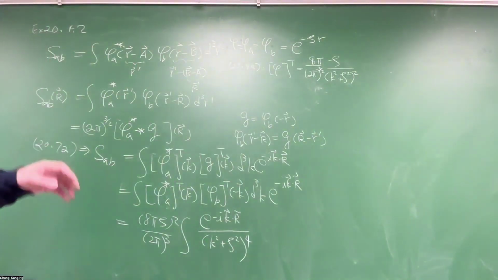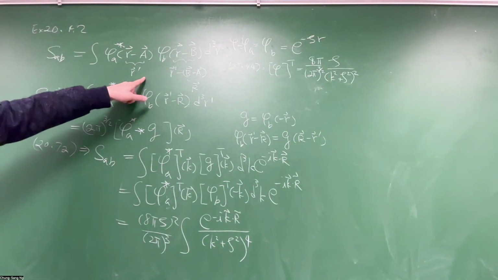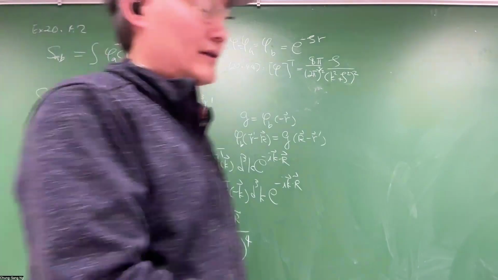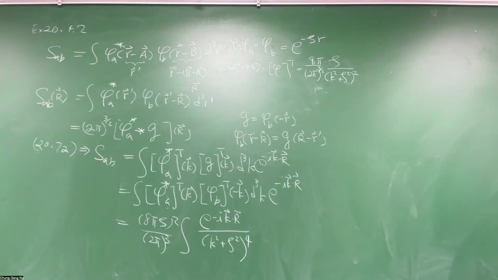Because its standard form is... this is not the standard form. The standard form is what I already quoted to you. The standard form of the definition of the convolution in 3D is equation 20.69.